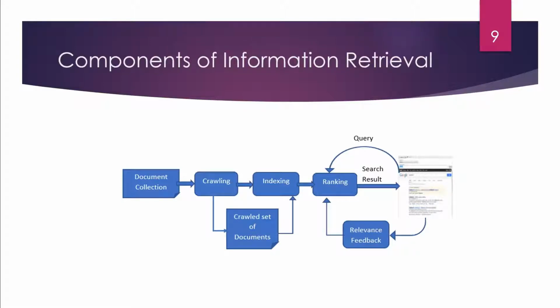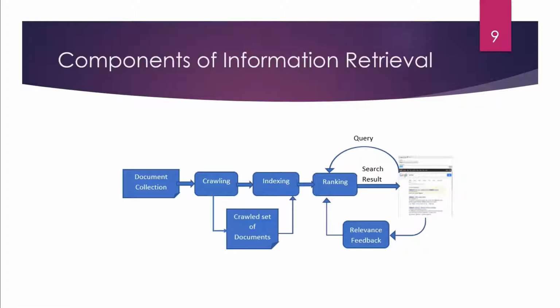We'll look into this diagram for one last time. Based on the document collection which is present initially, it will be crawled, and any new document which is added into this document collection will also be crawled. Now, this crawled set of documents will be given as an input to the index, and the indexing process will form an index of the documents. Now, the user will fire any query.